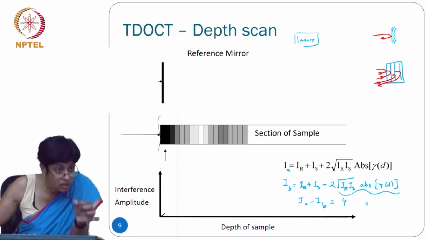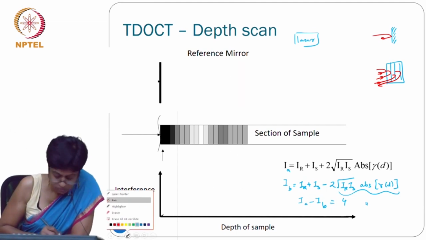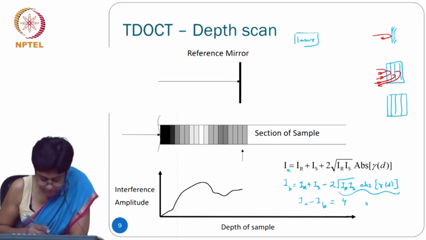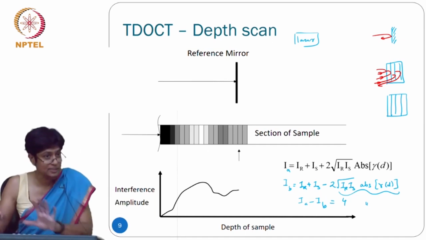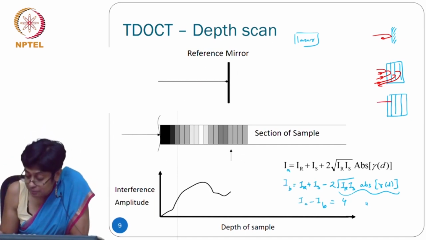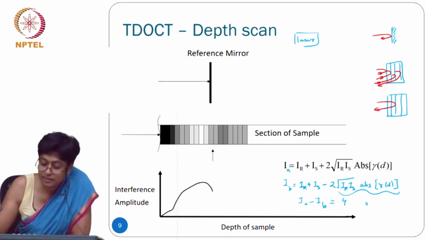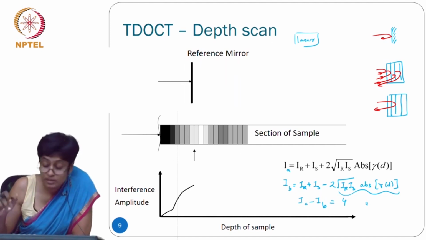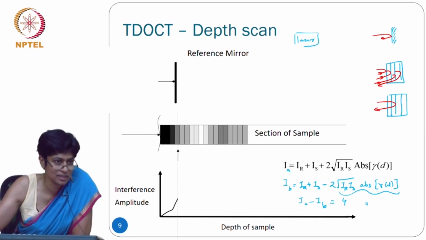Because I have poor coherence, what we are saying is, in my sample, here are different layers. Yes, I have reflection from every layer, optically the same thing is happening. There's light reflecting everywhere. But I can set it up so that only this beam has a path length difference with that one less than the coherence length.